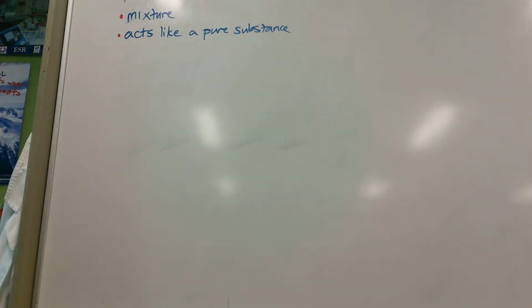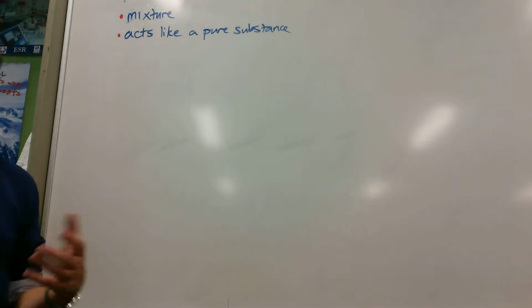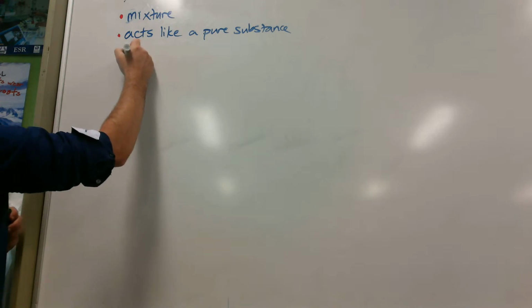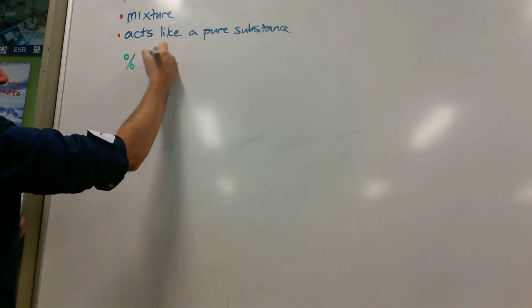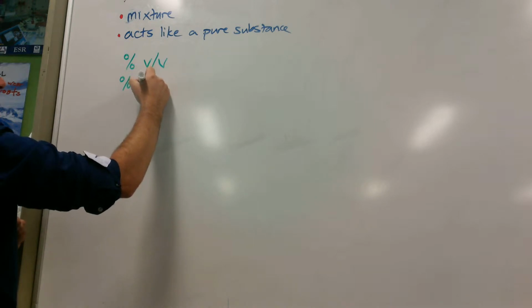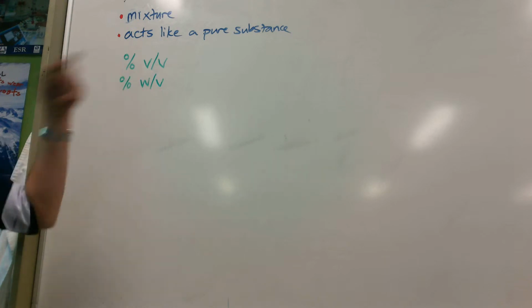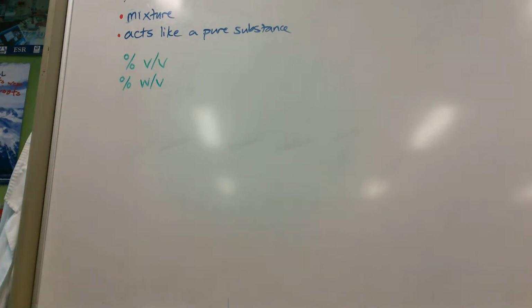You'll often see this on the bottles of products like vinegar, hair dyes, all sorts of things, alcoholic beverages of course, and you'll often see them something like this. Percentage, they might have V over V, or they might have percentage W over V, which is really bad science, but it's weight per volume when it should really be mass per volume.